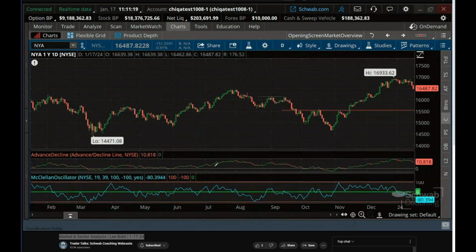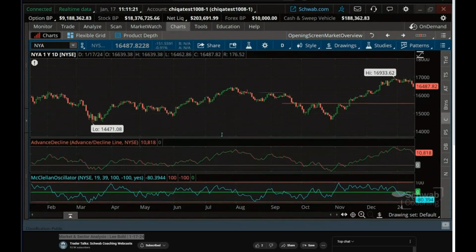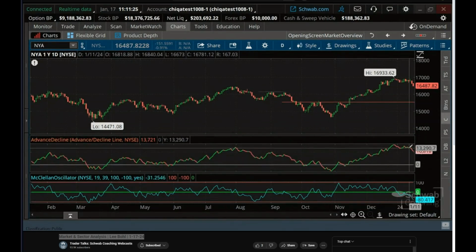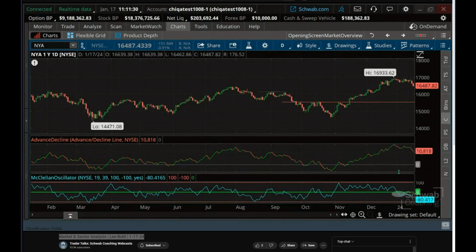Now, for those not familiar, as I said, we're going to do a little bit of review here. This line right here is the advance-decline line on the New York Stock Exchange, okay? And notice how we're about the same height right here and here, but the advance-decline line is sloping down a little bit more than the market.